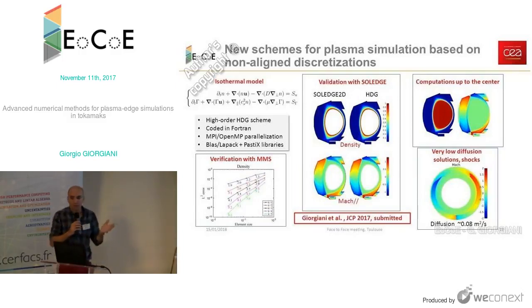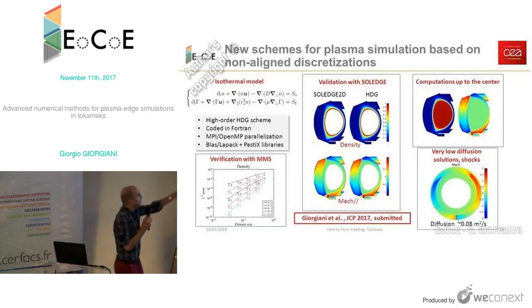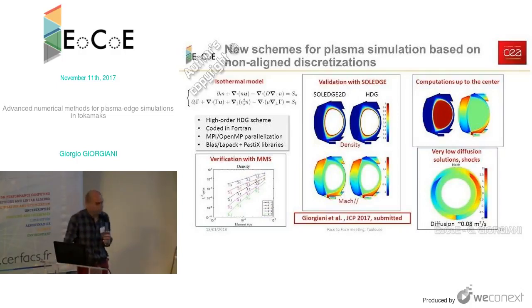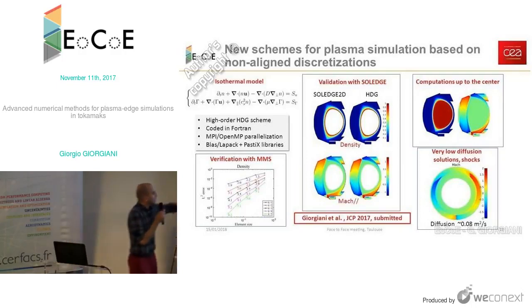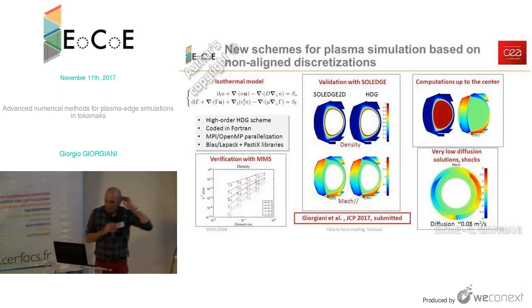I took a 2D axisymmetric, isothermal model, so the only two unknowns are the plasma density and the momentum. I implemented high-order discretization. I coded it in Fortran with MPI and OpenMP parallelization, and it's linked to this library for the linear algebra.